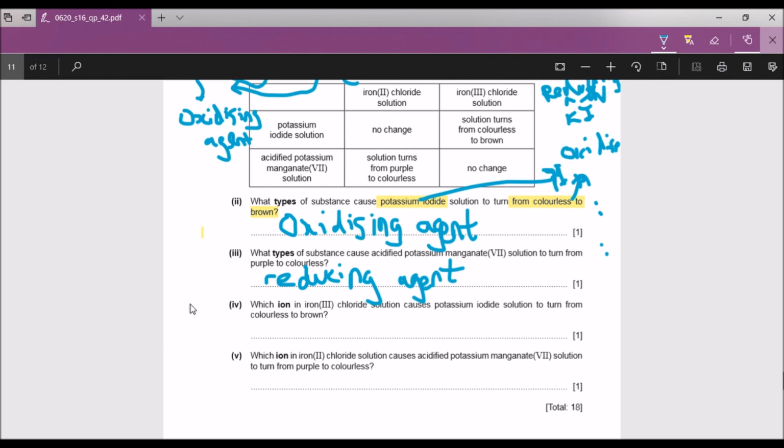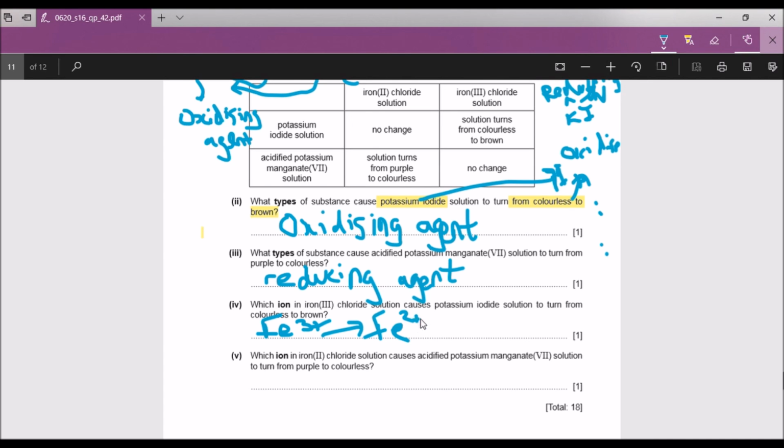So which ion in iron 3 chloride solution causes potassium iodide solution to turn from colorless to brown? In the iron 3 chloride solution, it's the Fe3+ ion, which causes it to turn colorless to brown, because this is what literally gets reduced.